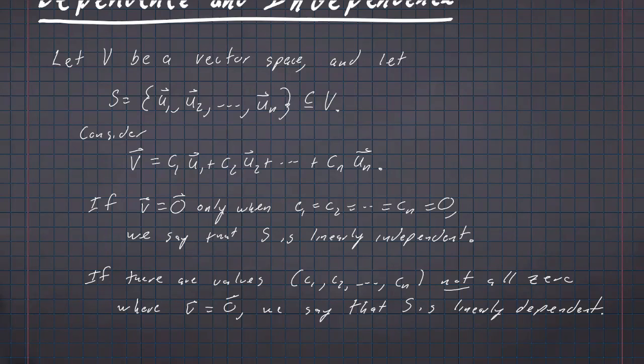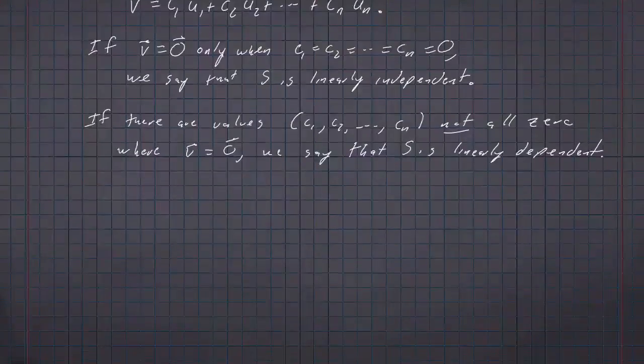And let's take a look at a couple of particular vector spaces and a couple of particular sets of vectors so we can get a feel for how this is supposed to work.